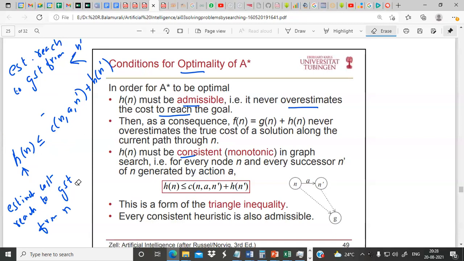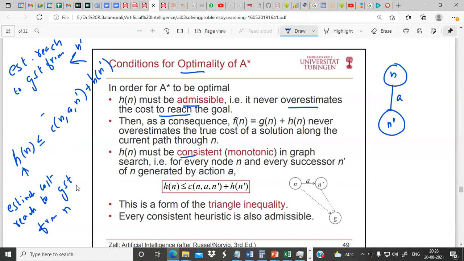N dash is a successor of n. So there is a state n, and n dash is a successor of n, and the agent can move from the state n to n dash by performing an operation or an action a. So that is what it says.